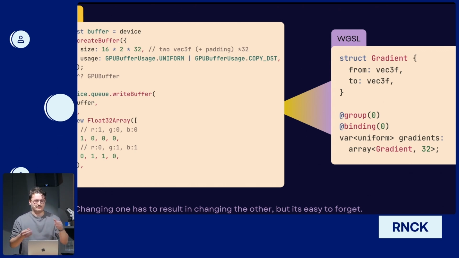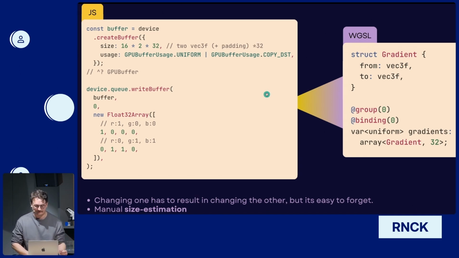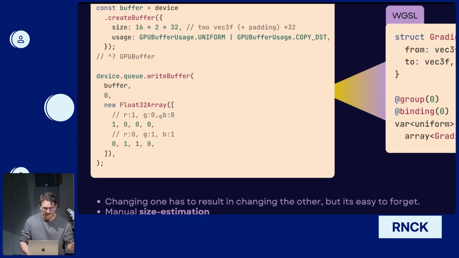So you have to have a padding of 4 bytes after the vectors, and you have to remember that. And if you don't, then the colors are going to be wrong, or depending on what you're doing. But if you're drawing a triangle, which is like a hello world, the colors are going to be wrong, and you're not really going to know why. And you can't really console log on the GPU, so it's really hard to debug. So you have to just construct those byte buffers manually.